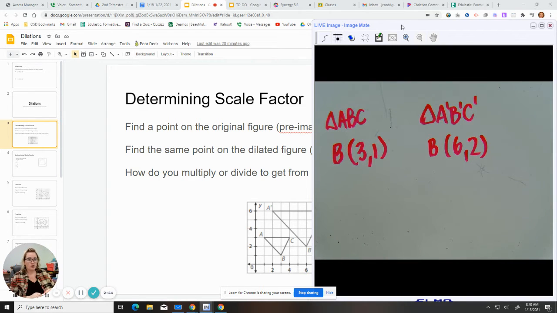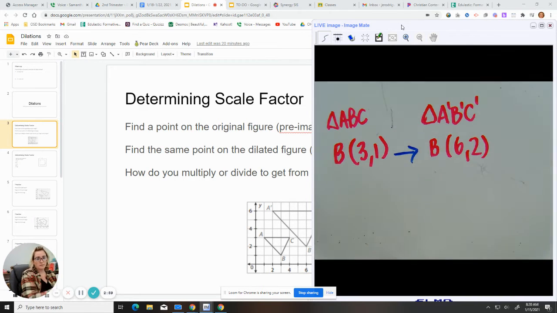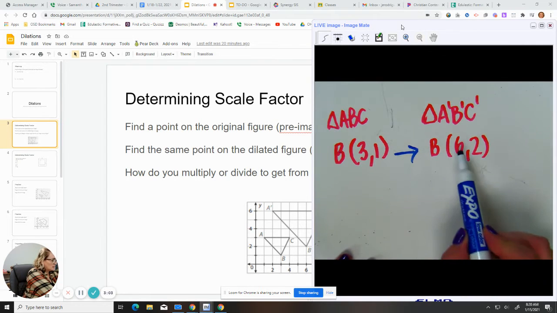And so all you have to do to be able to determine a scale factor is figure out how they get from the first point to the second point. So if you look at this, remember it's only multiplying or dividing. We're going from the original to the new one. How did they get from 3 to 6?